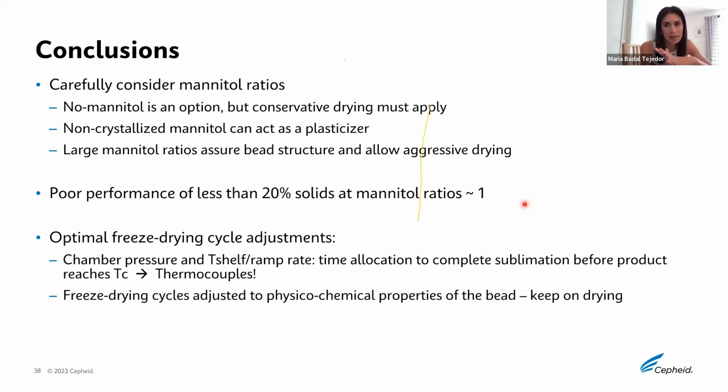We can set a slower ramping rate so that we allocate enough time since sublimation has started to complete the drying, but then we can keep on drying with that rate and keep increasing the temperature. So we do not necessarily need to stop at low temperature, but we can go to our final temperature and adjust the rate at which we are heating up our system.